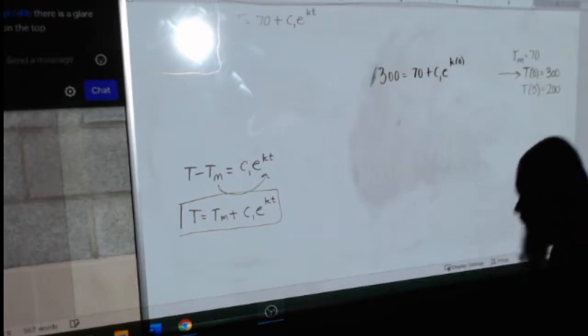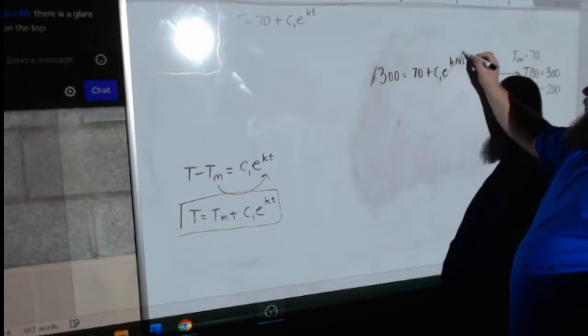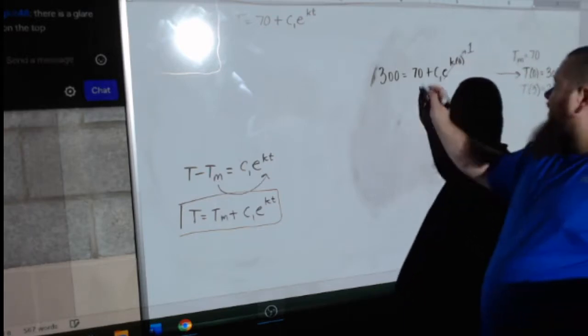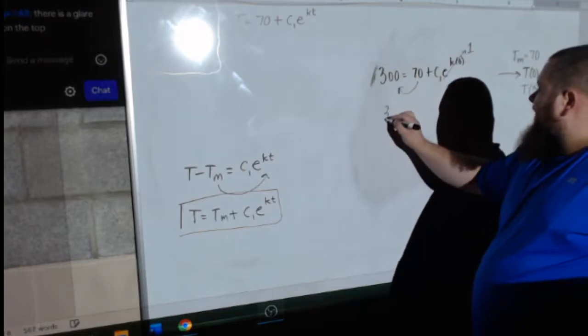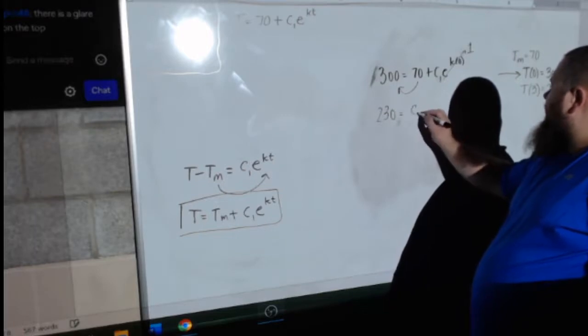So k times 0 is 0. That means this exponential here goes to 1. If I move this over, that makes that 230 equals C1.